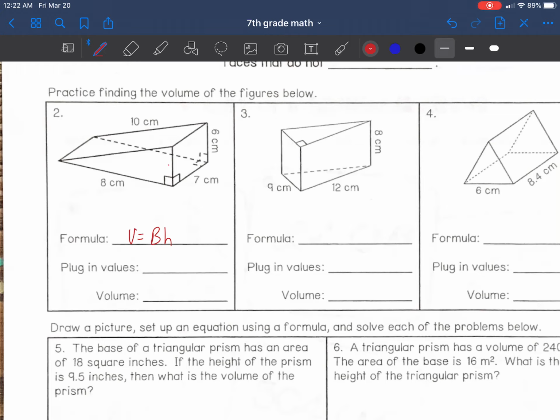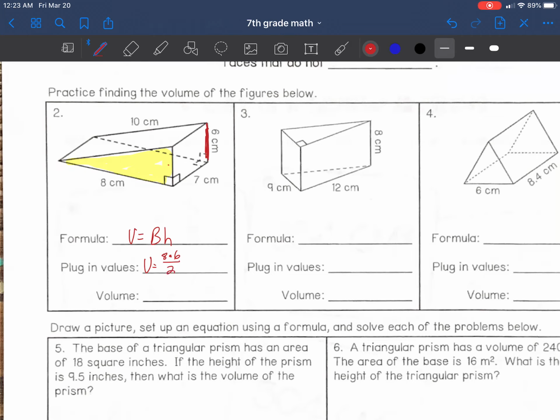So let's plug in our values. So we know that the area of a triangle is base times height. So let's look for my triangle. I'm going to highlight it just to help me out a little bit. This is my triangle right here. So my base is 8. My height, they're trying to trick me, it's on the other side, is 6. 8 times 6, divide that by 2.